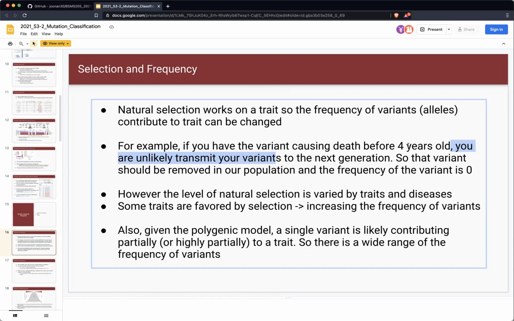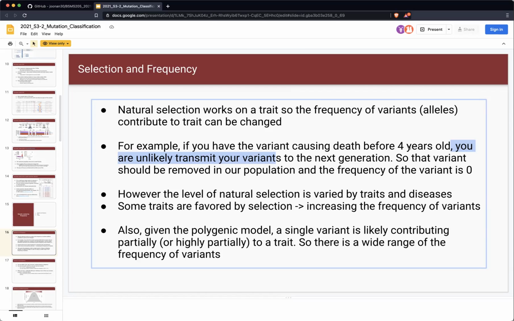Of course, that has to vary by traits, because not all traits are deleterious or lethal in an organism, and the same goes for disease. So traits and disease have varying levels of natural selection in our population. If some traits are favored by selection, then we can expect an increase in the frequency of the variant, right?